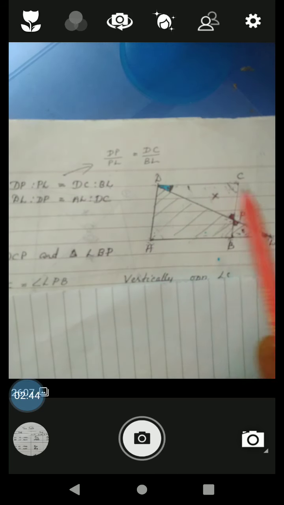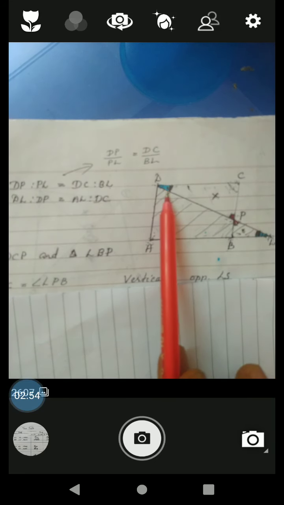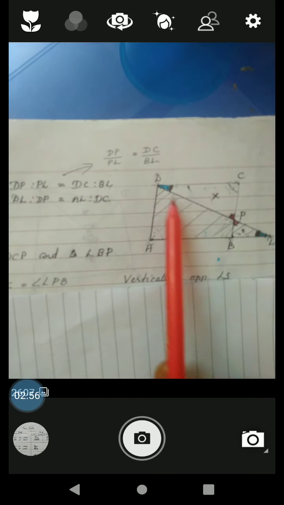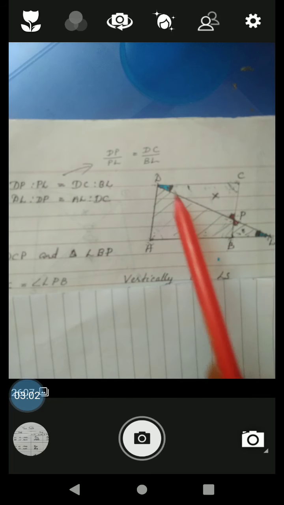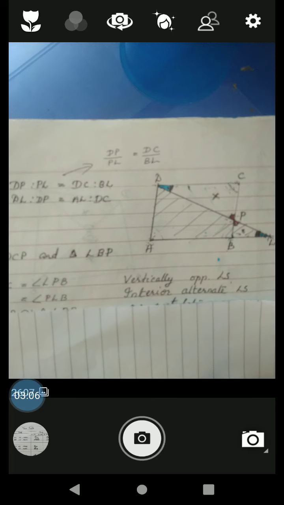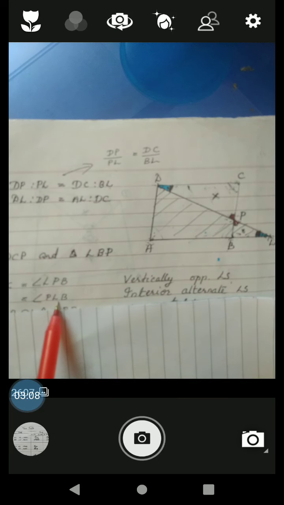So AB and DC are parallel, and this one is the transversal. What about these two angles? Interior alternate angles. In two parallel lines cut by a transversal, interior alternate angles are equal. So we can use that property. So these two angles are equal.